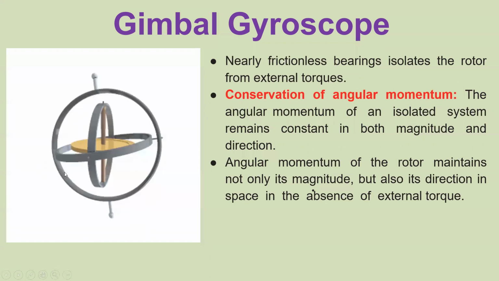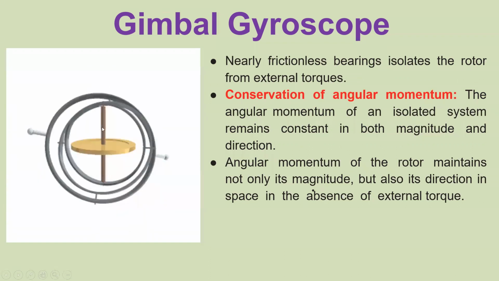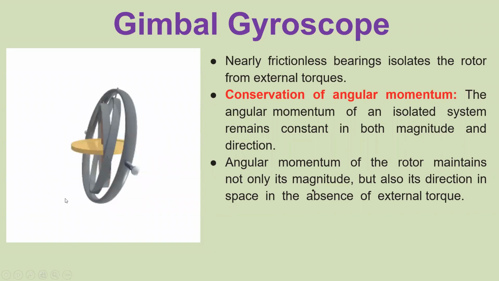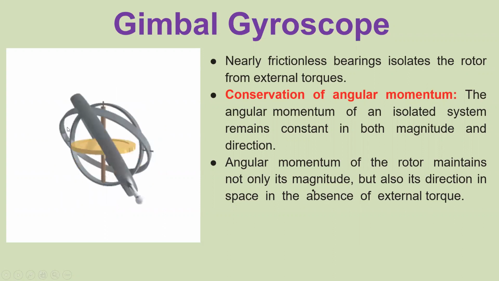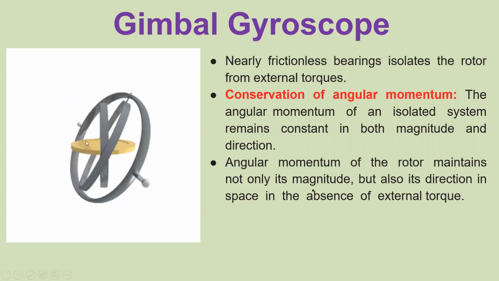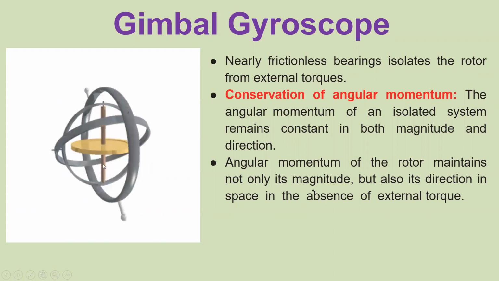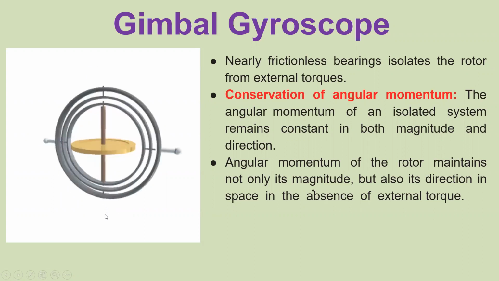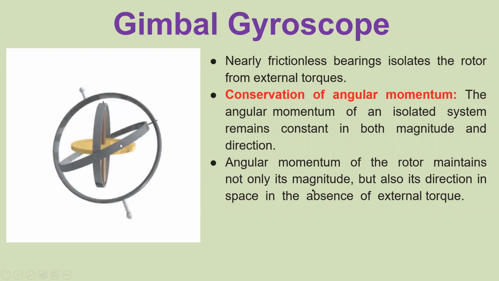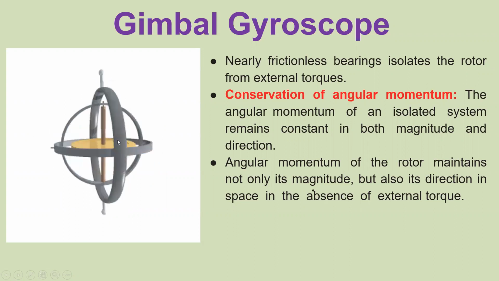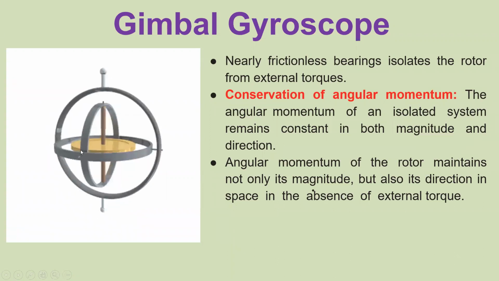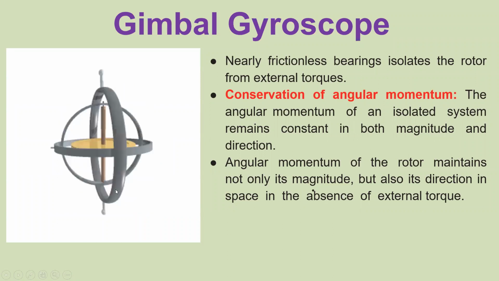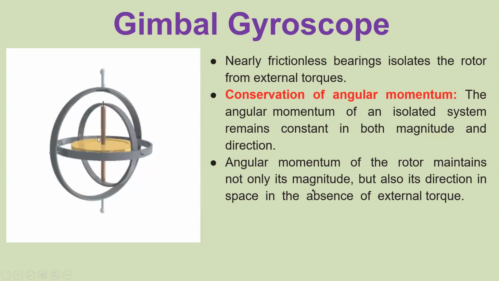The outermost one is the one which is rotating along with the object. When the outermost one is rotating along with the object, the others will keep on rotating along with that one. But as there was no change in momentum in space, this rotor will be fixed in space, even though it has 3 degrees of freedom.